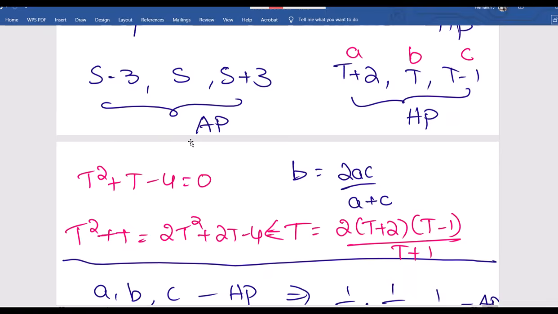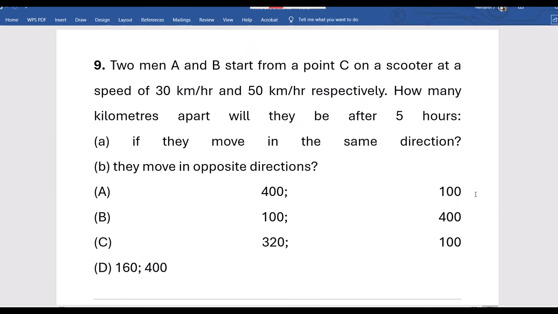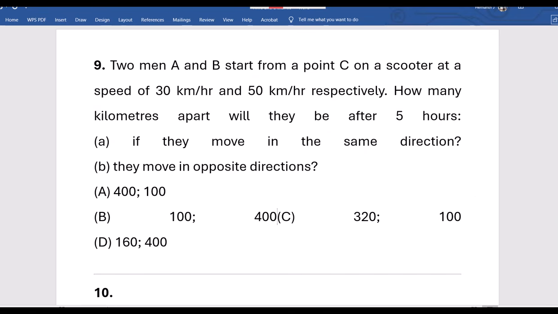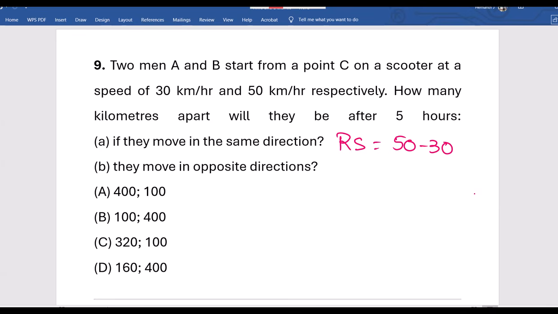Next, what about this question? Which concept is it? As per the introduction, which concept? Okay, relative speed. So what is the first one? Same direction, relative speed is 20 km per hour.